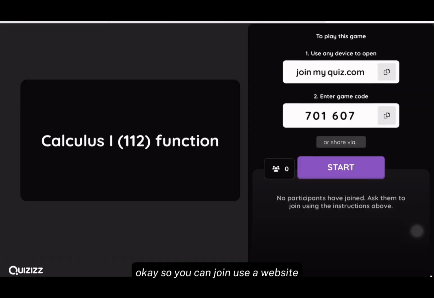You can use the website joinmyquiz.com, and you can take this code and enter the code. I think the time should take no more than 5 or 6 minutes. Maybe 5 minutes, less than that.